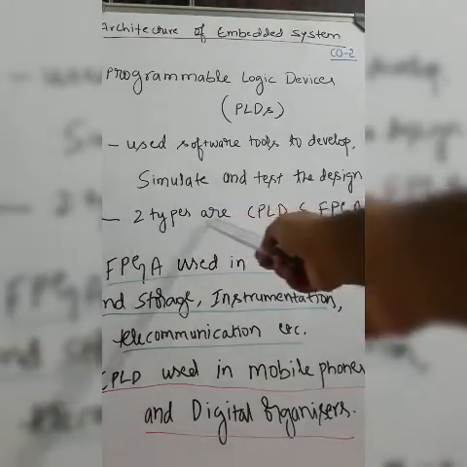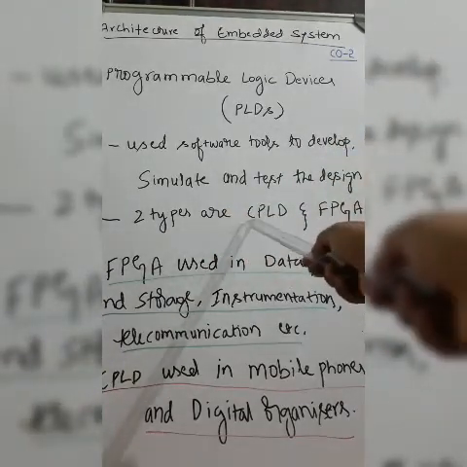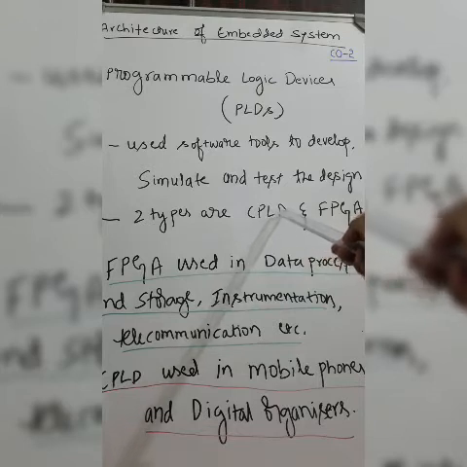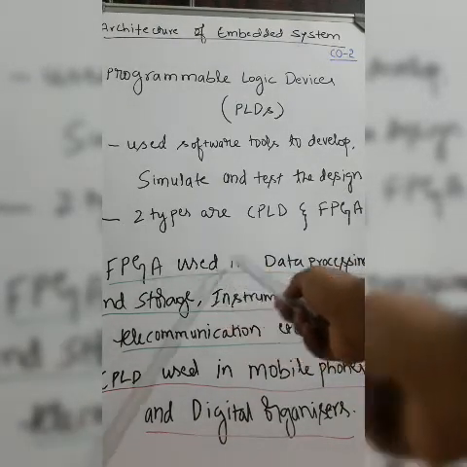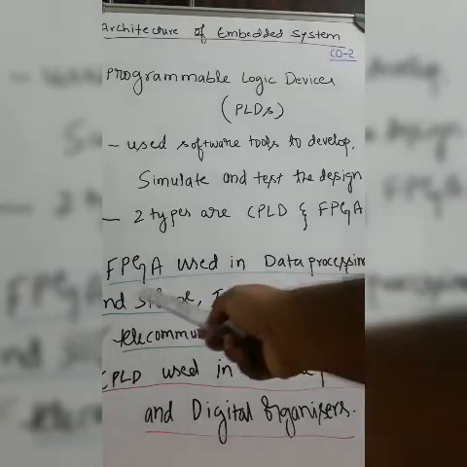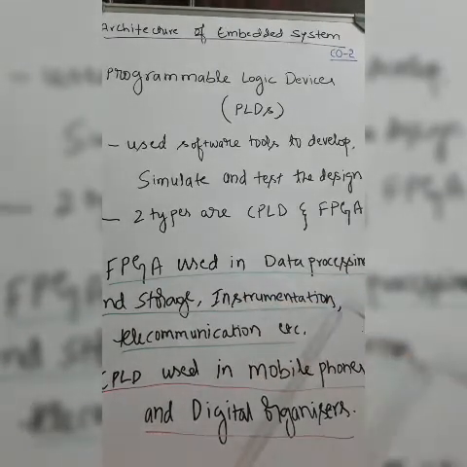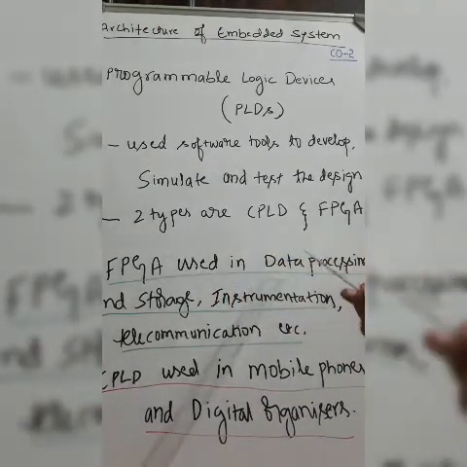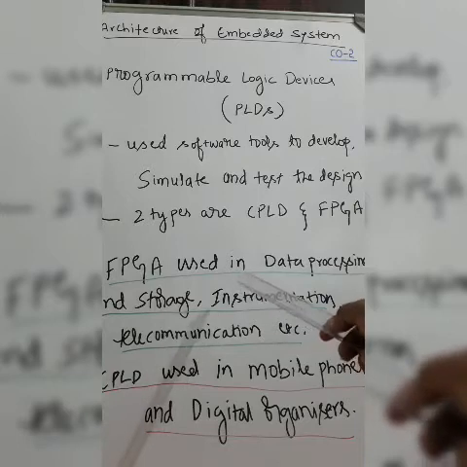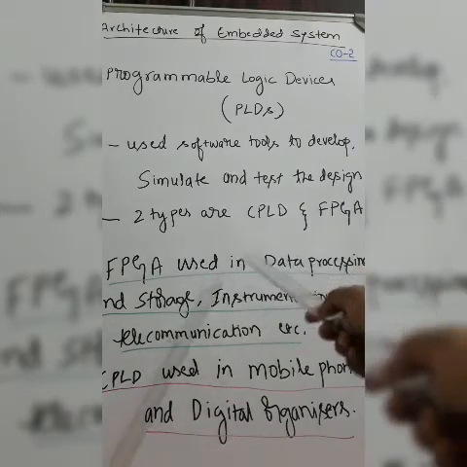There are two types of PLDs: complex programmable logic device, that is CPLD, and field programmable gate array, that is FPGA. FPGA is used in data processing, data storage, instrumentation, telecommunication, etc. The FPGA provides more features and it provides the highest performance, more logic density.